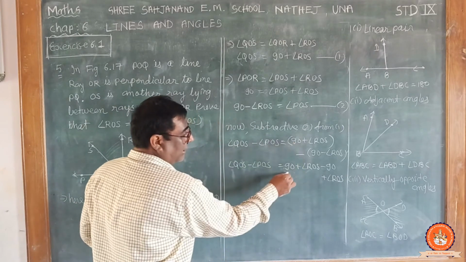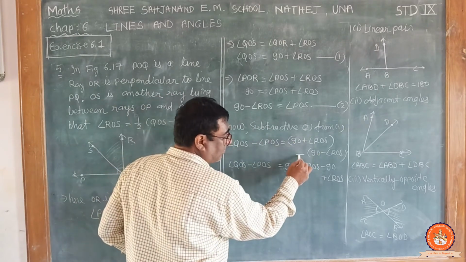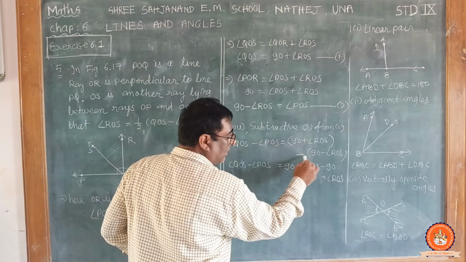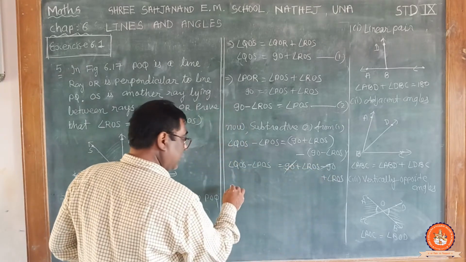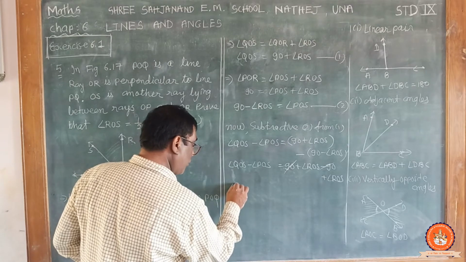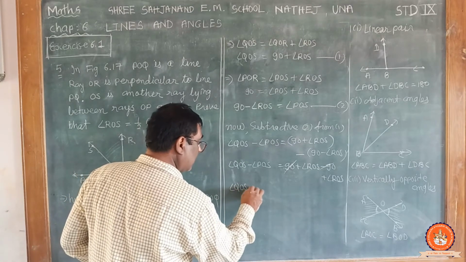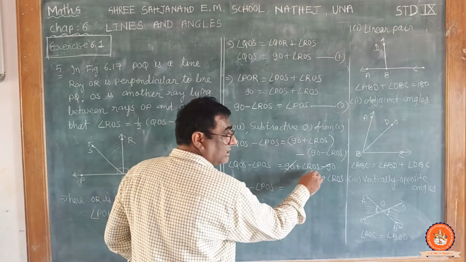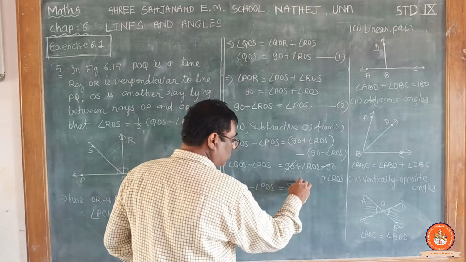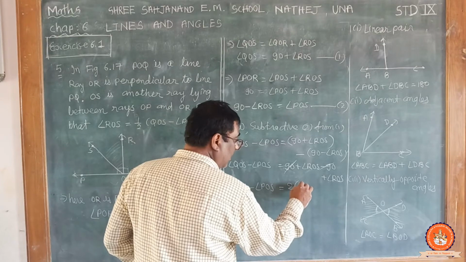Okay, 90 cuts, so QOS minus POS is equal to ROS plus ROS, that is 2 times angle ROS.